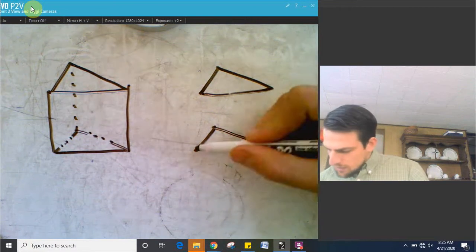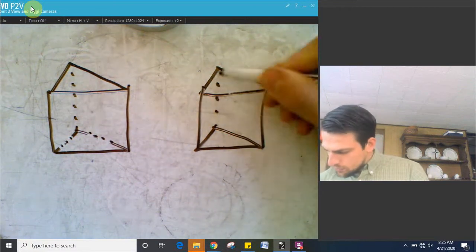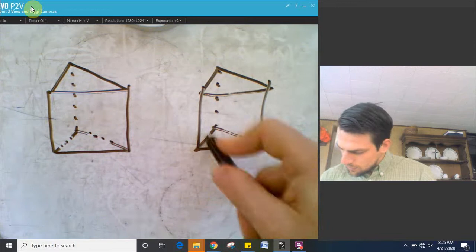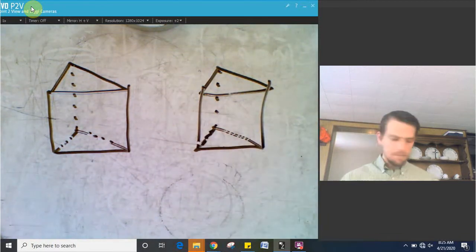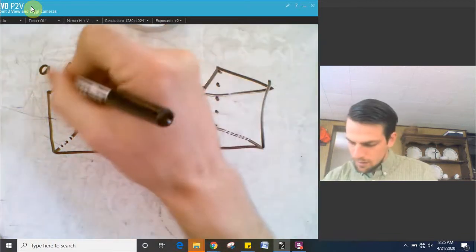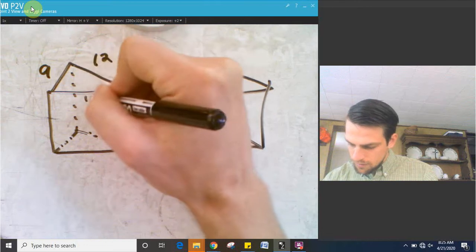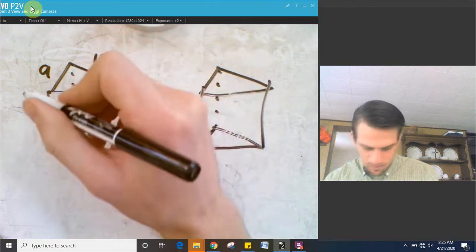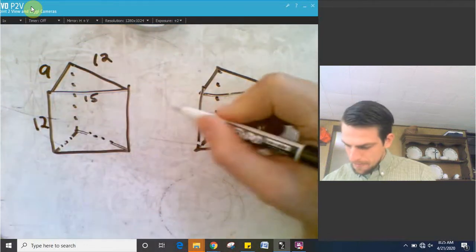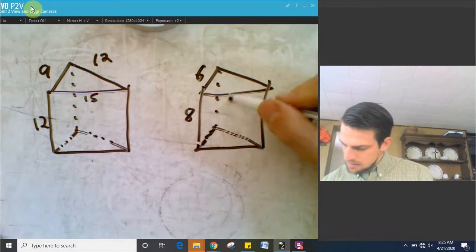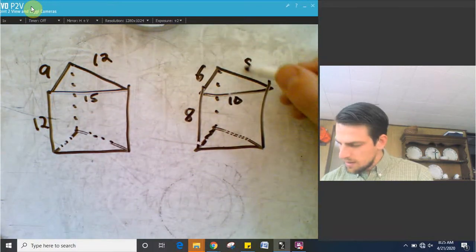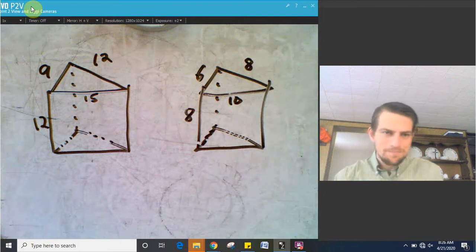And same thing over here. That's dotted. Okay, and we are given lengths of 9, 12, 15, 12, 8, 6, 10, 8. Alright, sorry that took a little while.